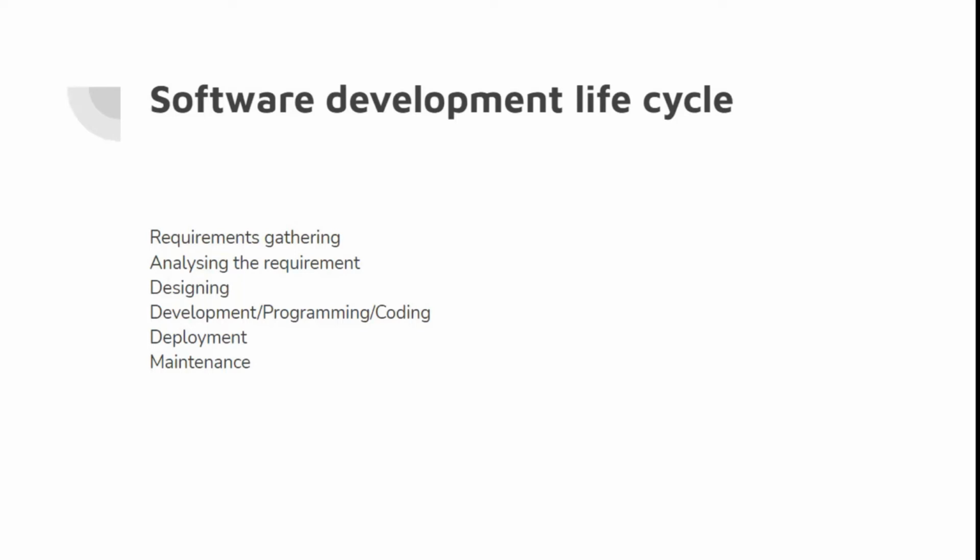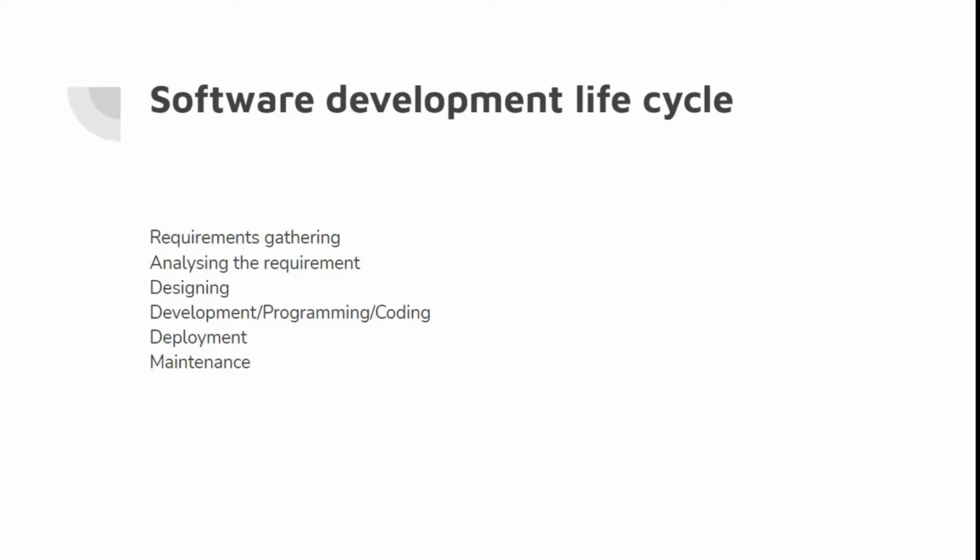After developing your software, there might be changes. There may be a new requirement, so these things should be maintained anyway. When you get new requirements, you have to gather them, analyze them, then design and implement, so those steps are repeated.